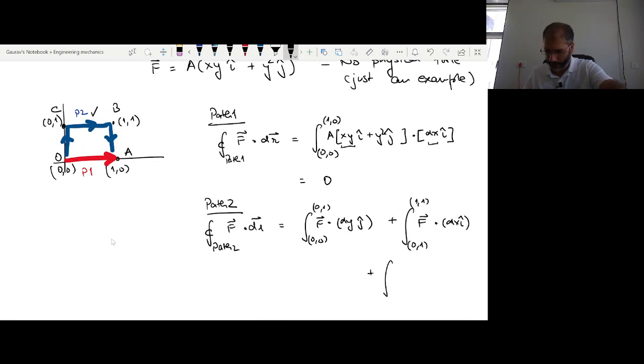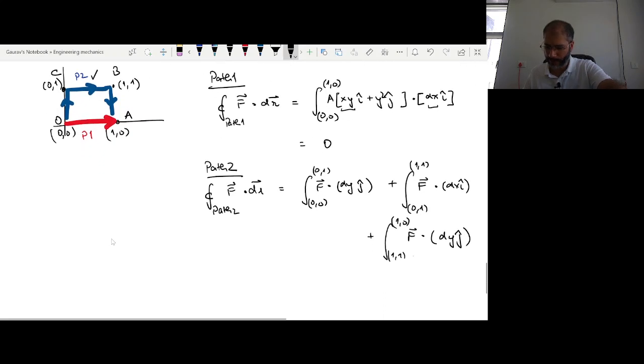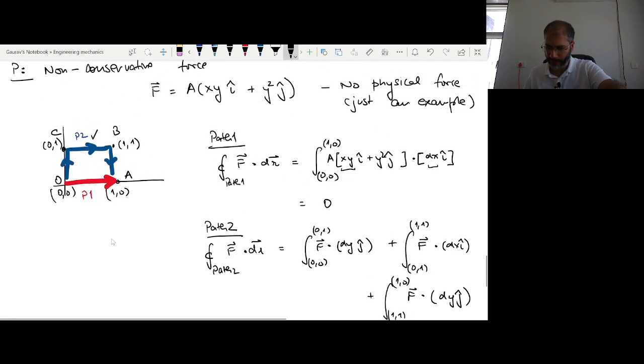Then the third one is from (1, 1) to (1, 0) of F dot dr, again only along the y direction. Now I have not taken a minus because that automatically gets taken care of depending on what limits we are putting. We are just talking about the general direction in which the particle is moving. And now we simply have to simplify the integrals.